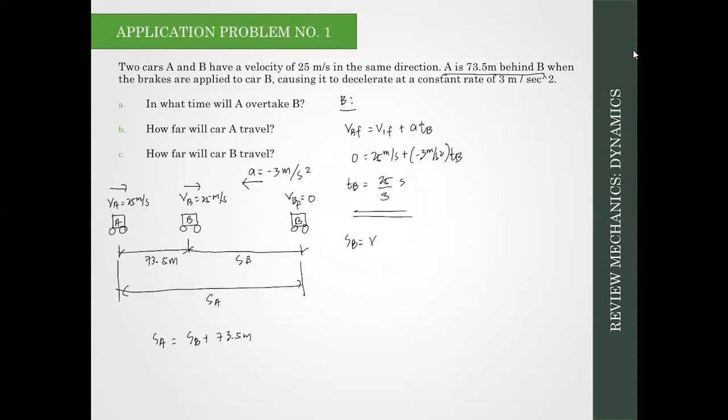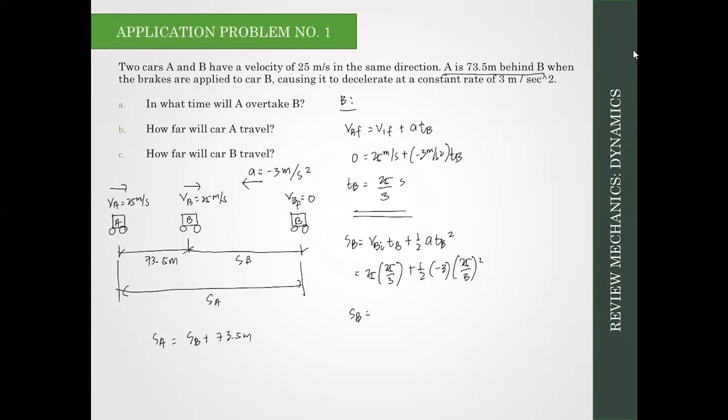SB equals VBI TB plus 1/2 A TB squared. Substituting the values, we have 25 times 25 over 3 plus 1/2 times negative 3 times (25 over 3) squared.